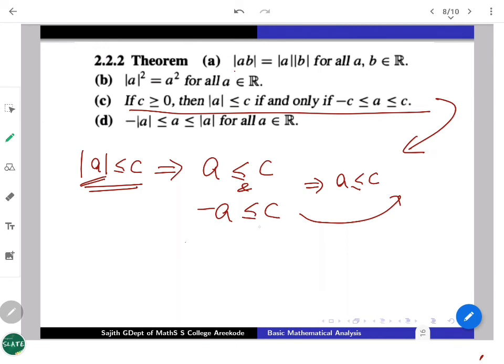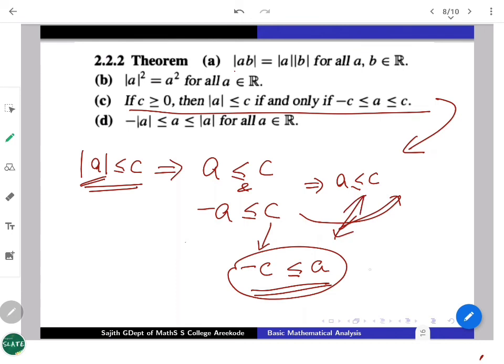So what I am going to get, once again, is minus C is less than or equal to minus of minus A, which is A. So this is what is going to happen. These two I have to use together. So combiningly I will write minus C less than or equal to A, which is less than or equal to C. So that side we will get it.